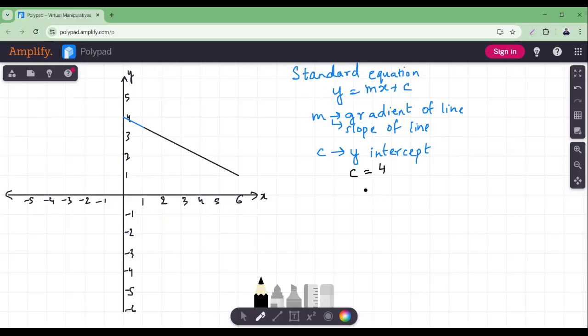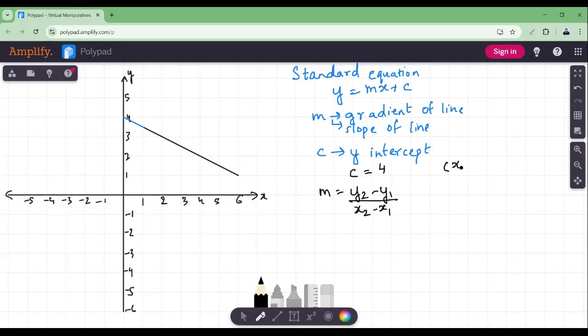Now, how do we find the gradient? Gradient means the slope, how much it is tilted. That is given by y2 minus y1 over x2 minus x1. What are y2 and x2? They are just points.